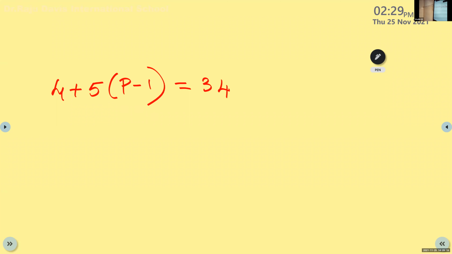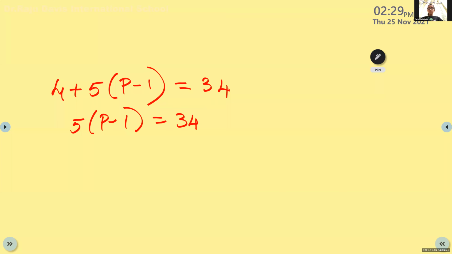Okay, Fatima, can you tell me what is the first step in this? Ma'am, we should transpose 4. We should transpose 4, isn't it?